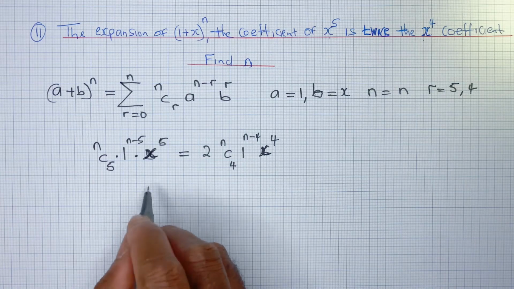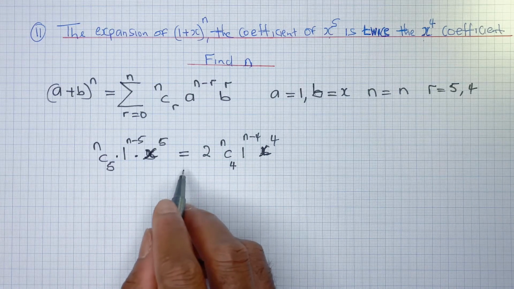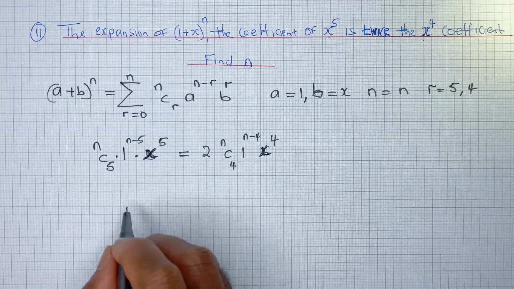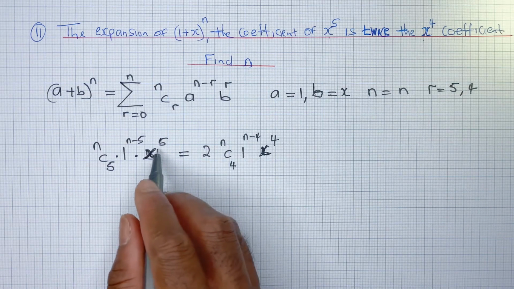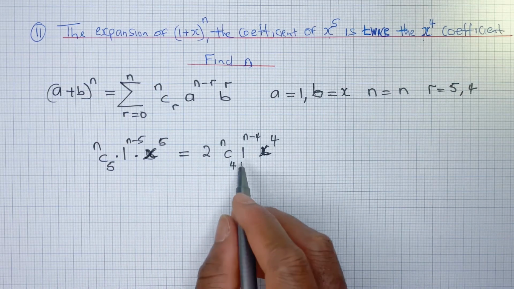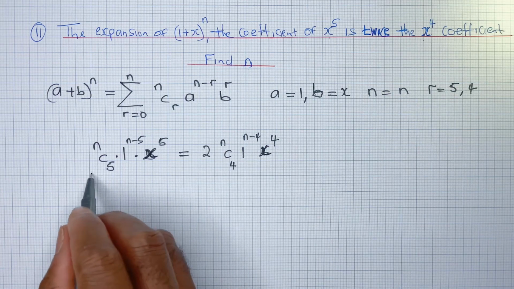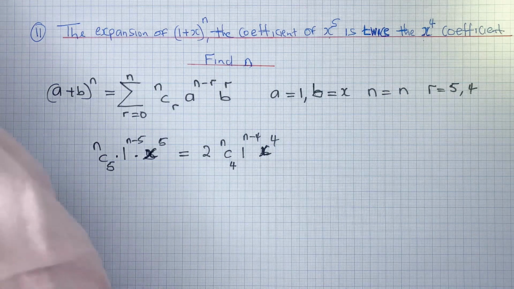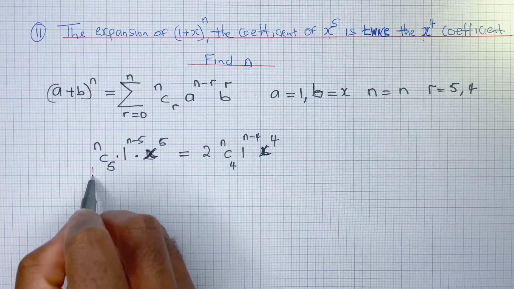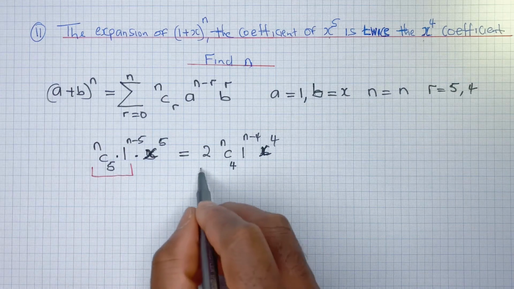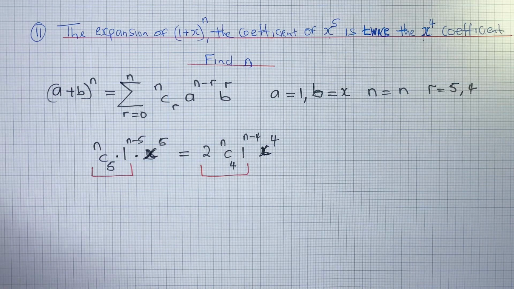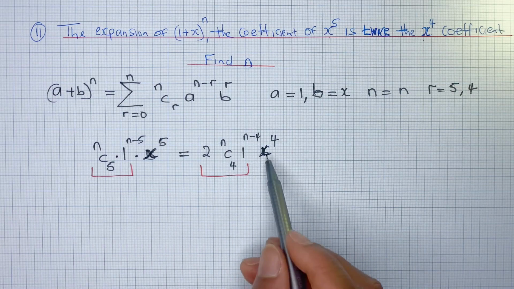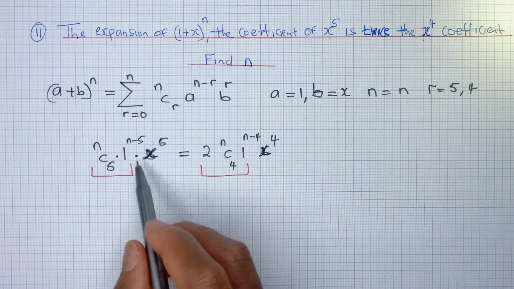Now, what we need to do is try and simplify this. We don't need the x^5 or x^4 because we're just considering the coefficient. The coefficient is the number in front of the x variable.